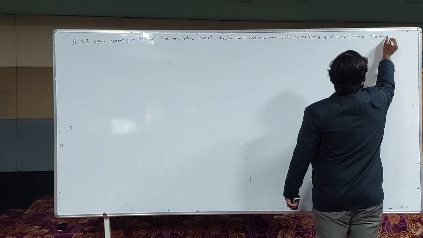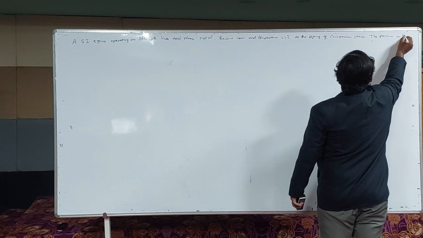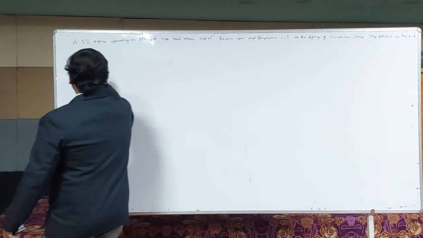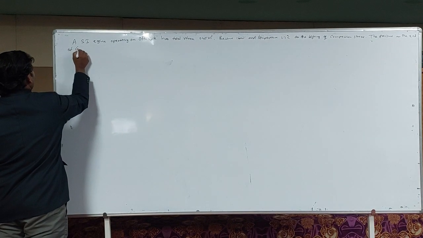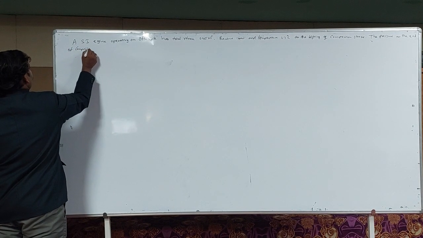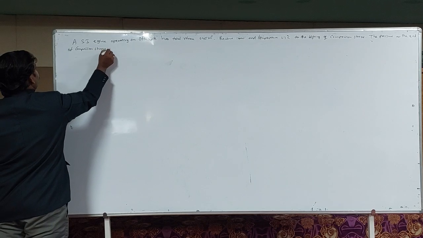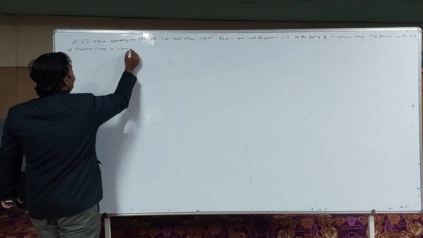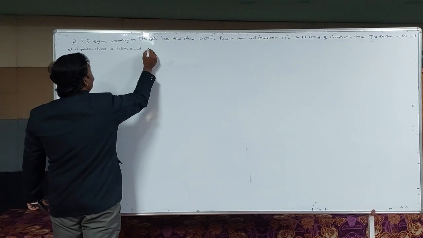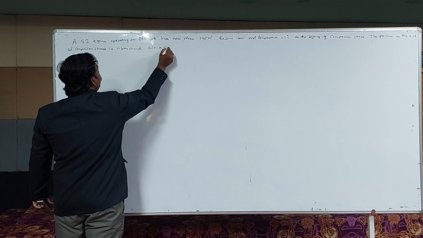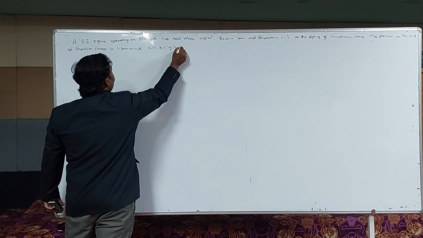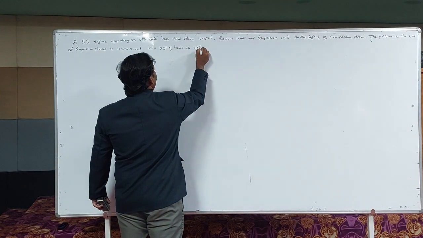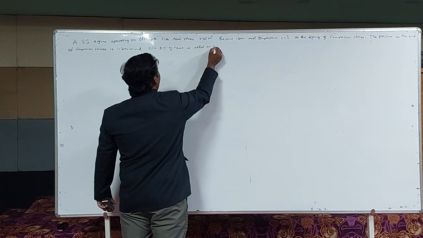The pressure at the end of compression stroke is 11 bar and 210 kilojoule of heat is added at constant volume.